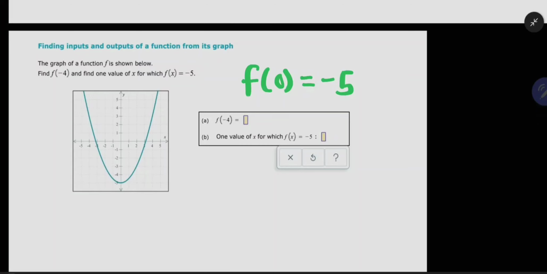Let's try this for another one. Let's say we want to find the x when our output is, let's say, -3. So because this is a parabola, it is possible for you to have two inputs giving you one output.